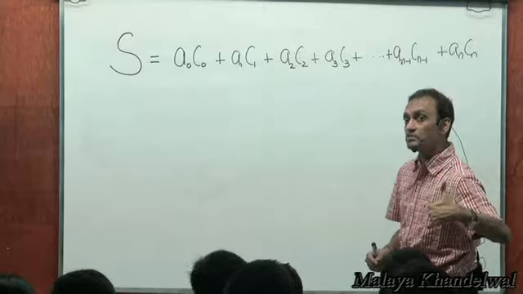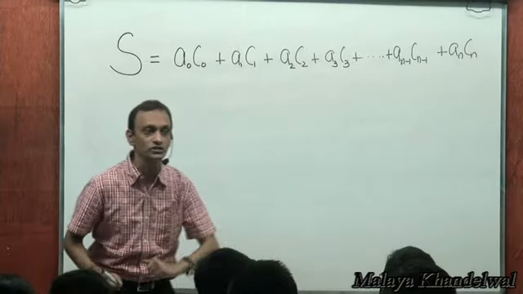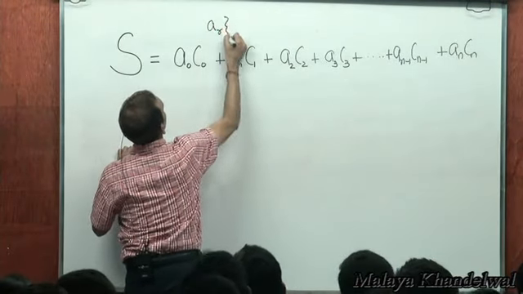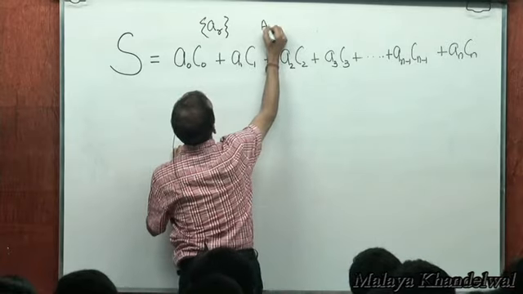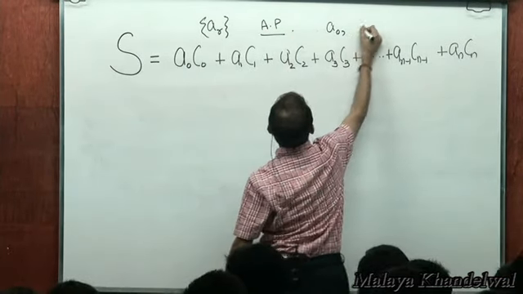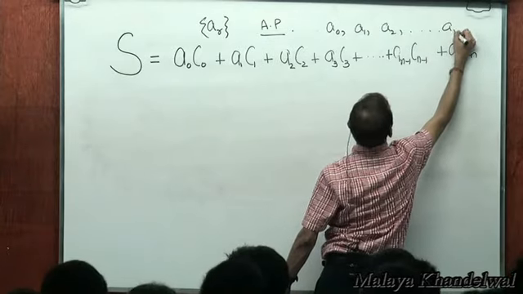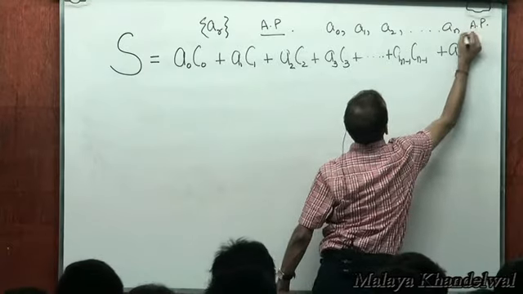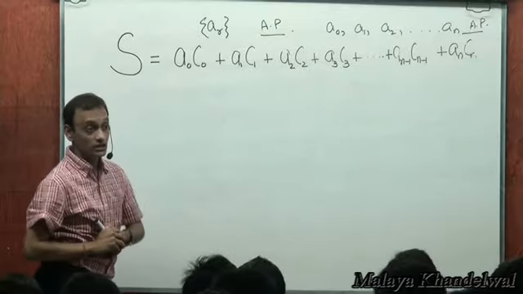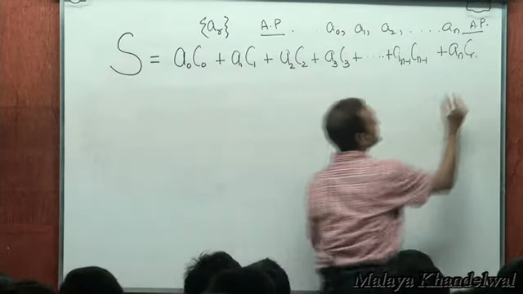Now suppose these numbers A0, A1, A2, etc. are in arithmetic progression. See, these Ar constitute an arithmetic progression. That means A0, A1, A2, ..., An are in AP. Got me?